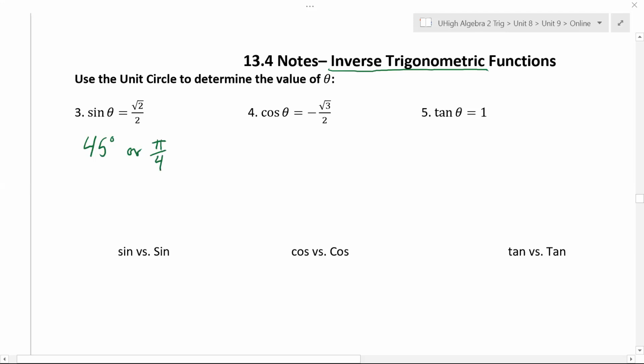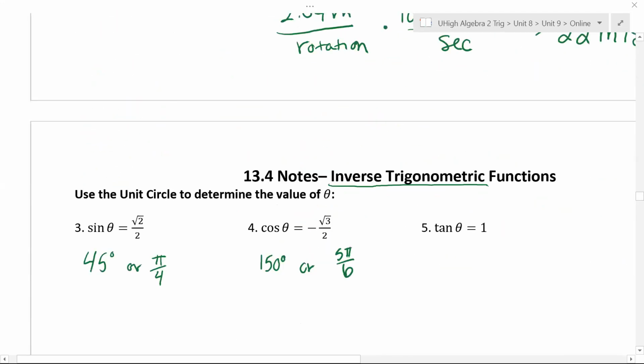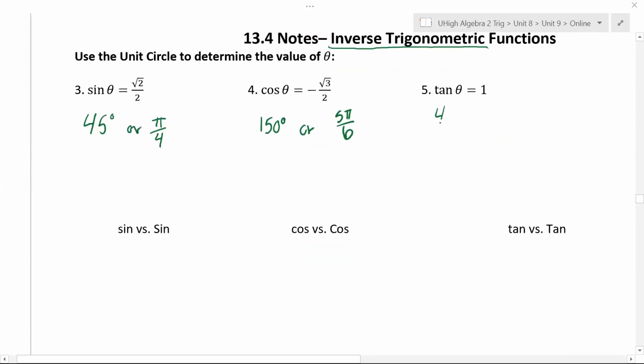For the next one, the cosine of theta equals negative root 3 over 2. The first time this is going to happen is at 150 degrees or 5 pi over 6 radians. And then when is the tangent of theta equal to 1? This happens at 45 degrees or pi over 4 radians.